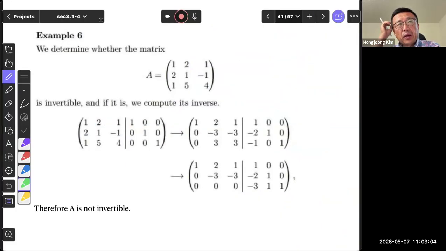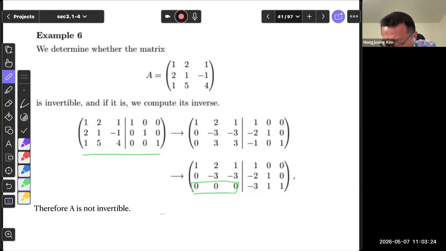Now, given this A, if I perform the same operation, then given this augmented matrix, if I perform the row operations at some point, some row of A will become a row of zeros.